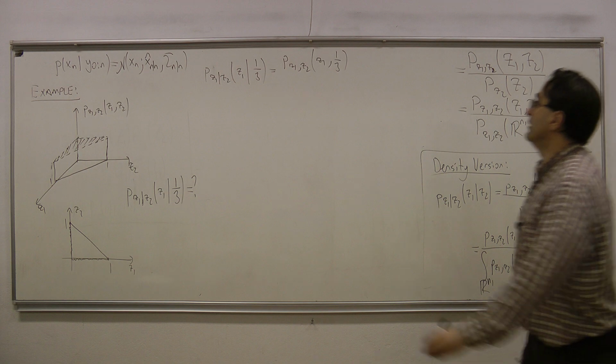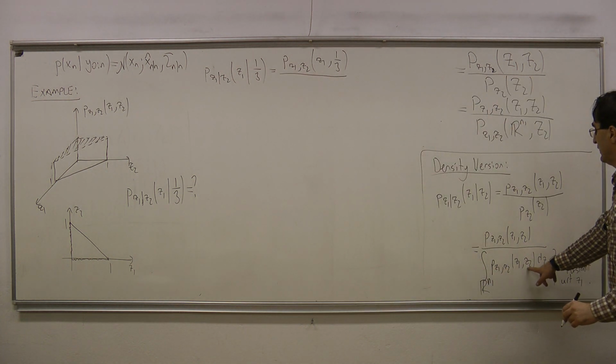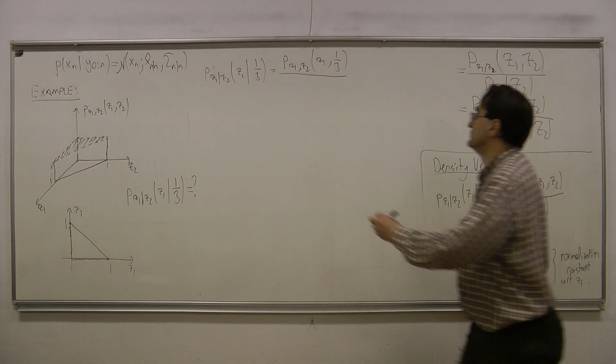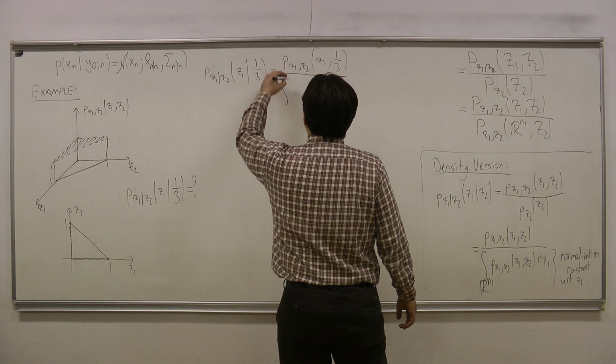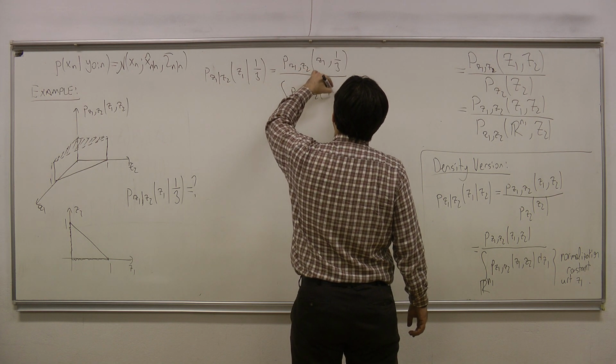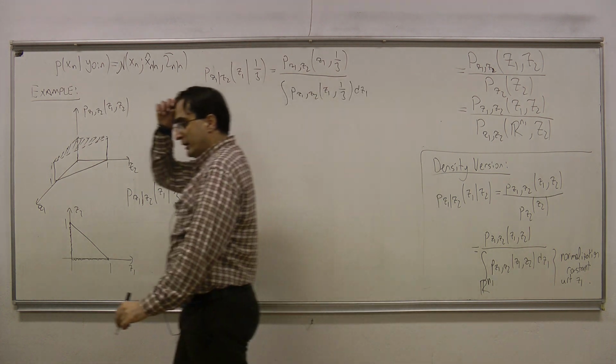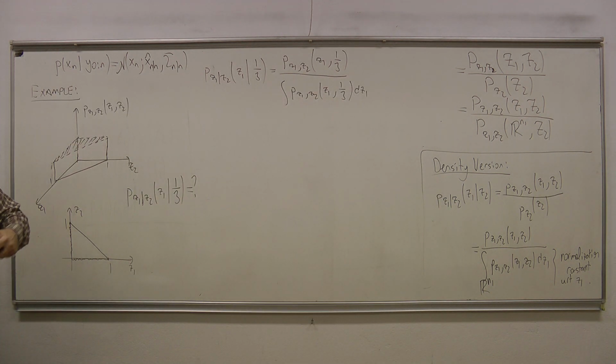And then I will divide this result with the integral, and I will substitute Z2 equals 1 over 3 still. So I have P of Z1, Z2 evaluated at Z1, 1 over 3, dZ1. Okay?